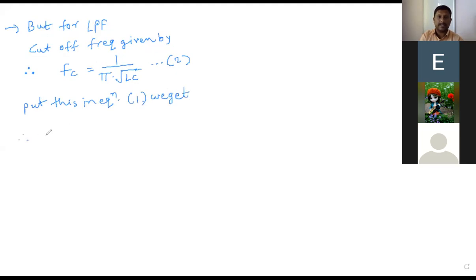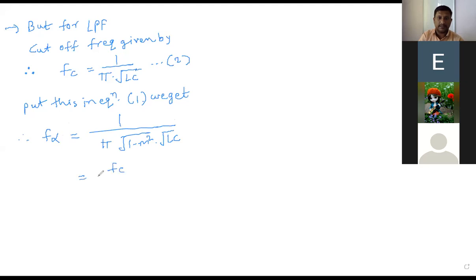So what we are getting: F alpha is on the left hand side. So 1 upon pi into 1 under root 1 minus m square into under root LC is there. 1 upon pi into under root LC, that you can replace by FC here.